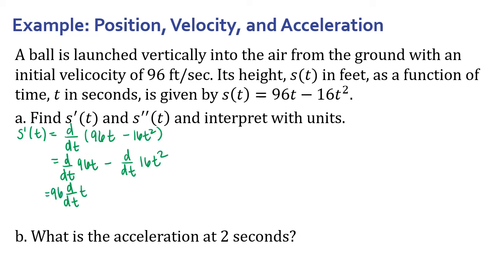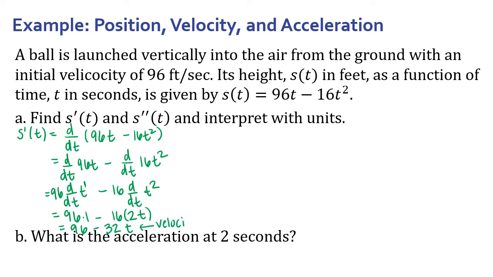Taking that derivative with respect to t, I can move that 16 out in front with respect to t squared. So that's going to give me 96 times, so this is like to the first power, so 1 times t to the 0, which is just 1, minus 16 times the derivative of t squared is 2 times t to the 2 minus 1, which is 1. So that becomes 96 minus 32t.